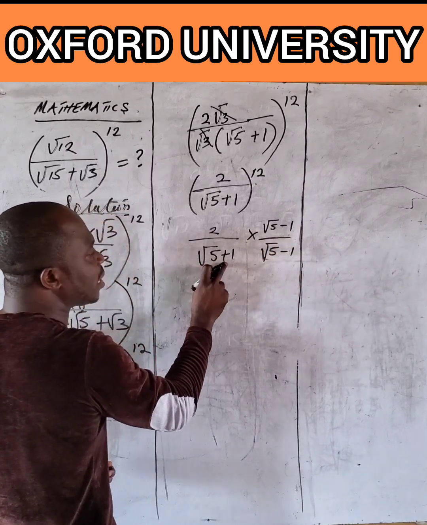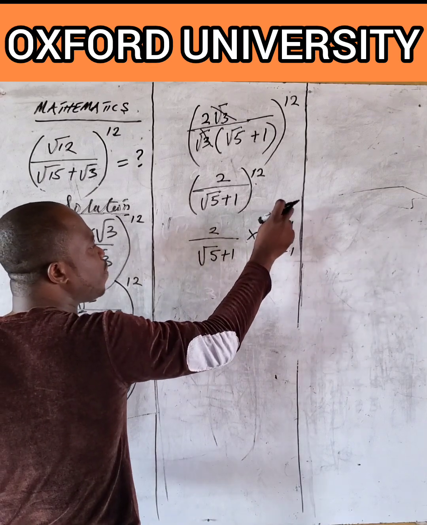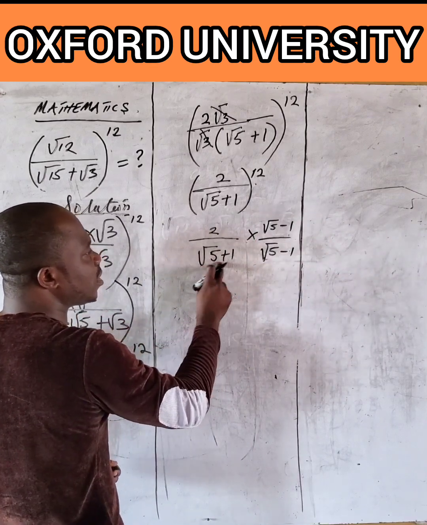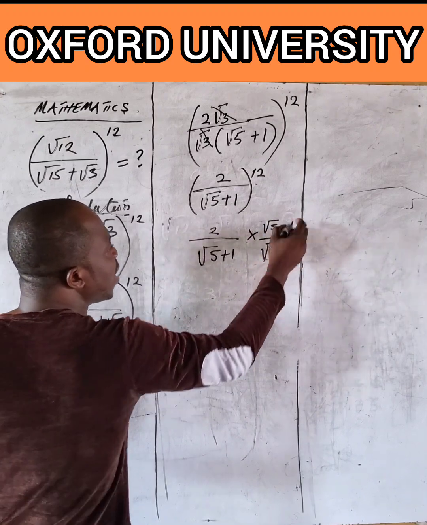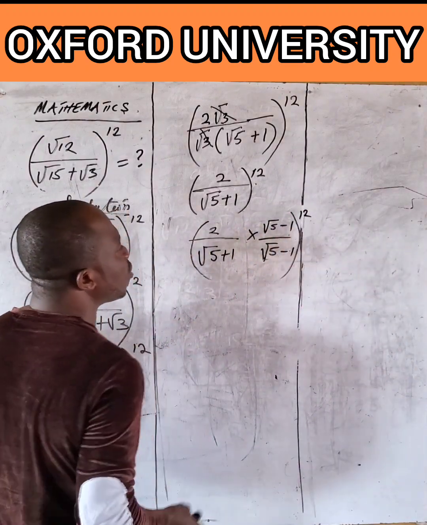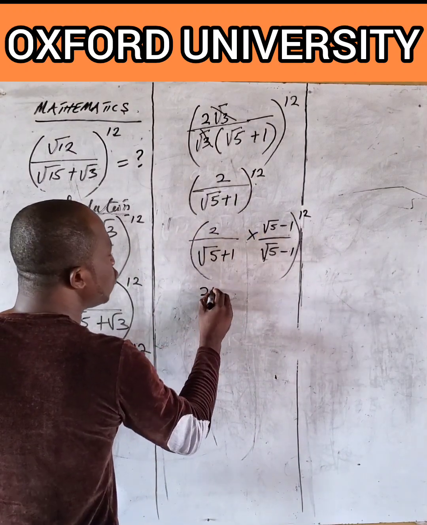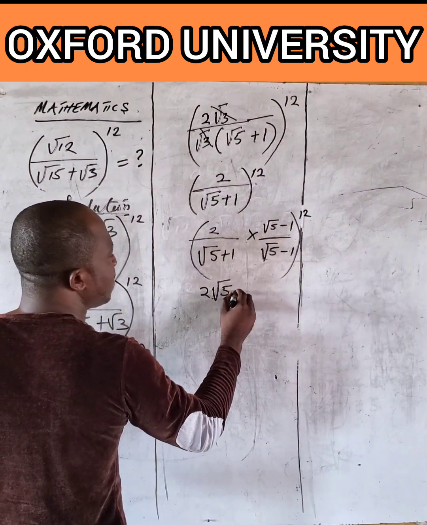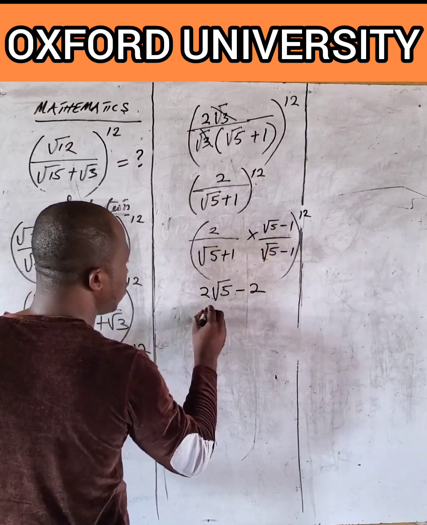That's how it occurs. If it is negative here, then it will be positive and positive. If it is positive, then in rationalizing, this will be negative and negative. Remember, all raised to power 12. So if we're multiplying here, 2 multiplied by root 5 will give us 2 root 5, minus 2 multiplied by 1 will give us 2, all over.